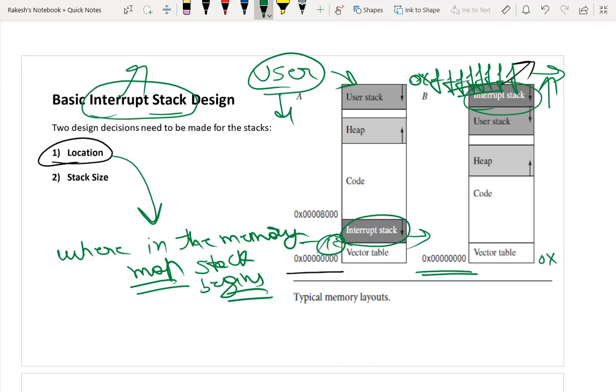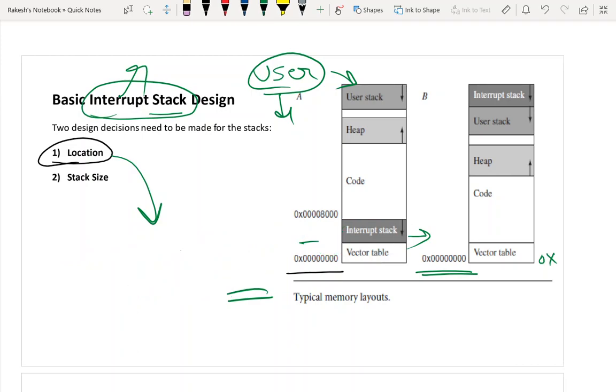So where in the memory map the stack begins, that is what we call the location. Hope you got this one. What location means is where you want to put this stack. In the 4 GB memory space that you have, basically a 32-bit address, 2 raised to 32, you get this 4 GB.